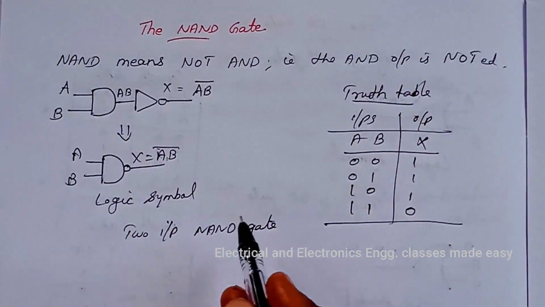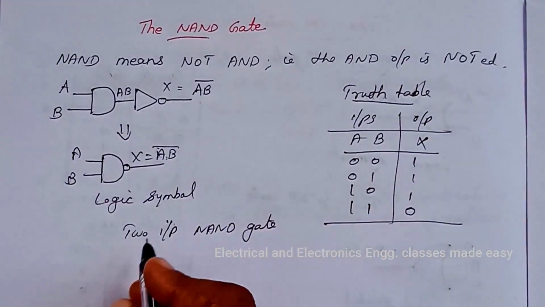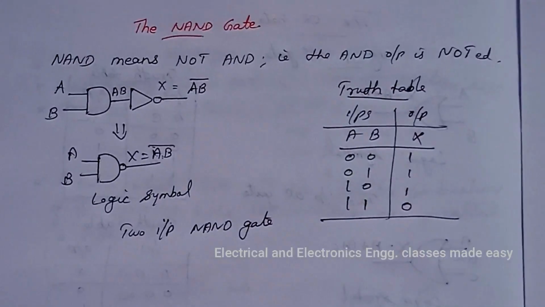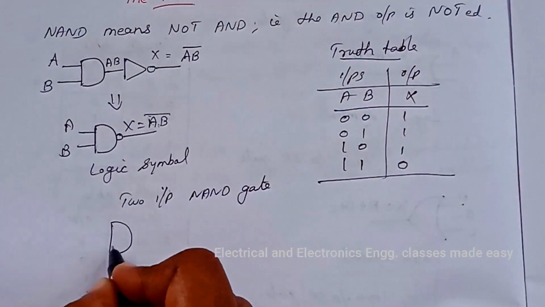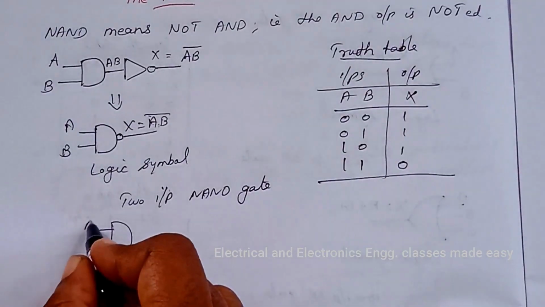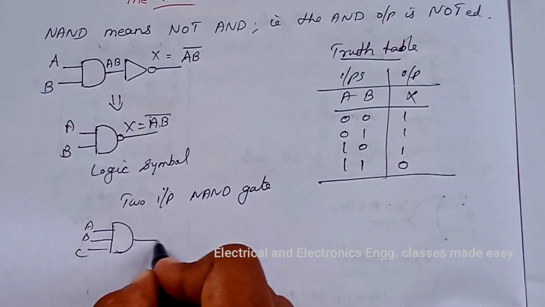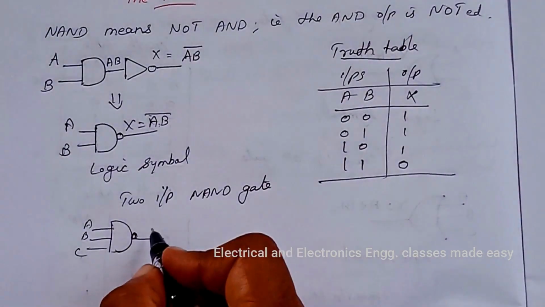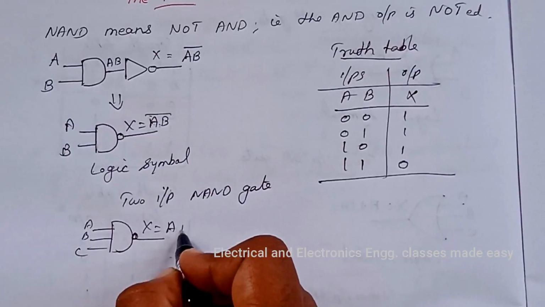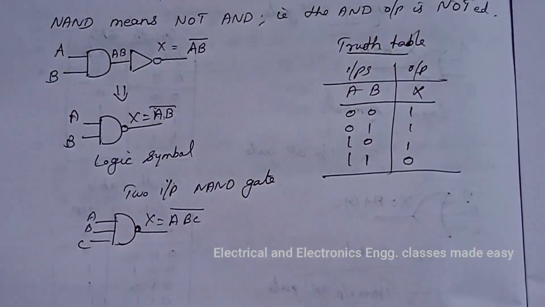And similarly in the case of the 3 input NAND gate, the symbol has 3 inputs A, B, C, with an inverted output, that is X is equal to A B C the whole bar.